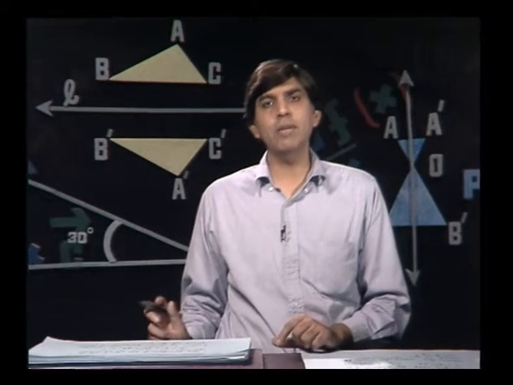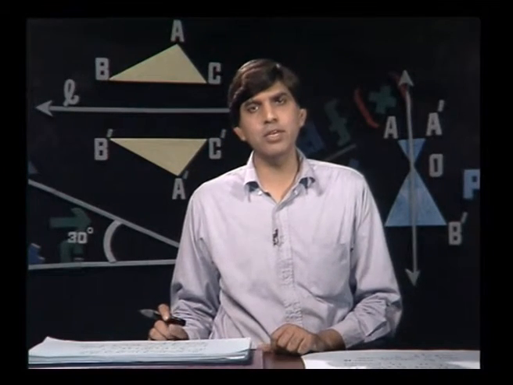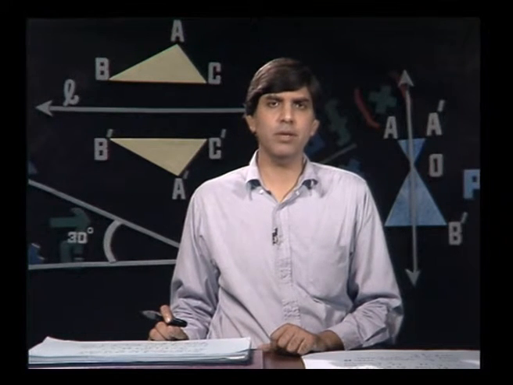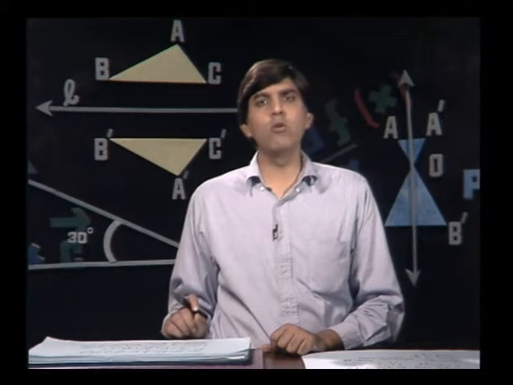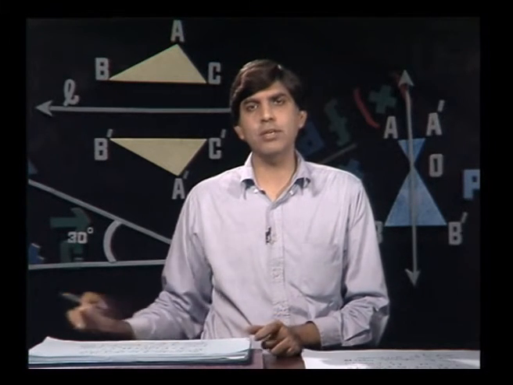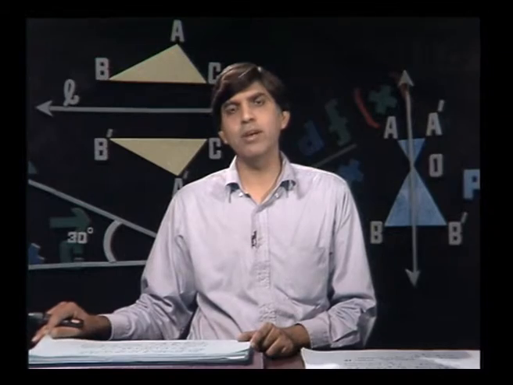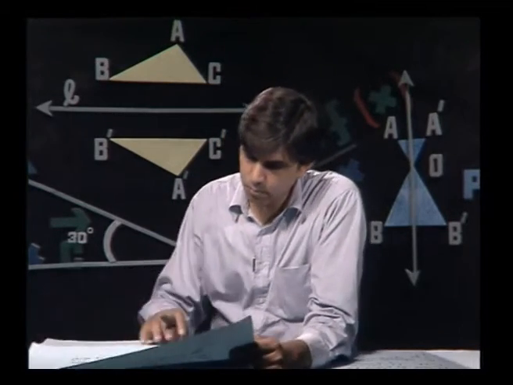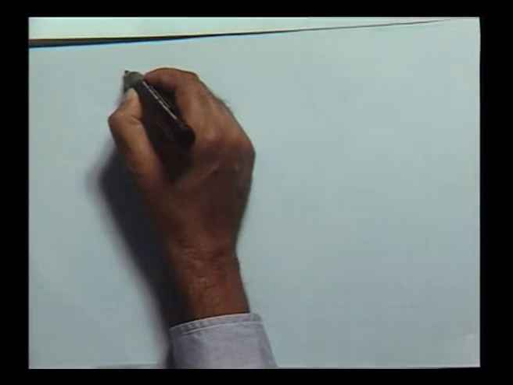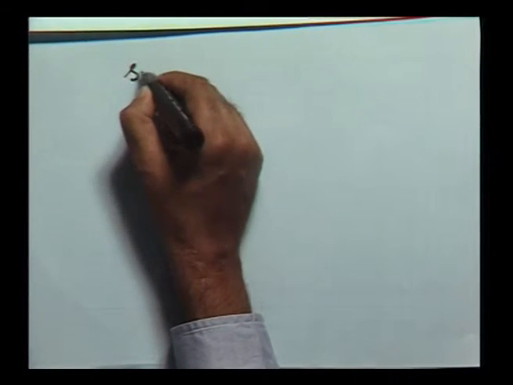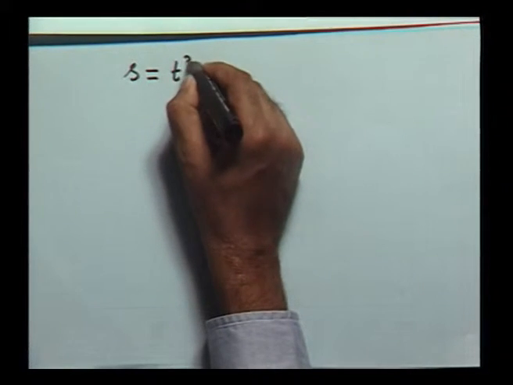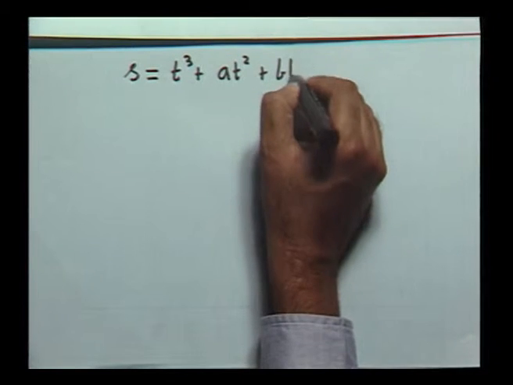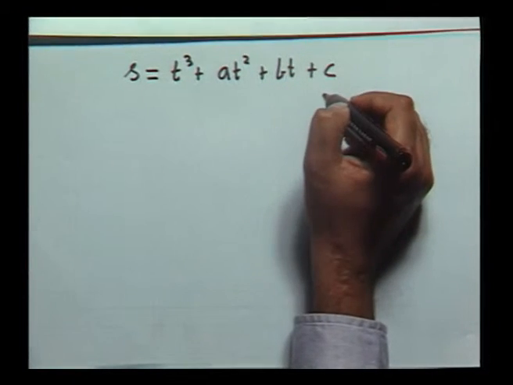So, here you are given some data about velocity, acceleration and distance travelled, and we have to find the constants a, b, c. Well, let us apply our notion of velocity and acceleration to this equation for distance. Let me just put it down on paper for you. I am given that s is equal to t cubed plus a t squared plus b t plus c.